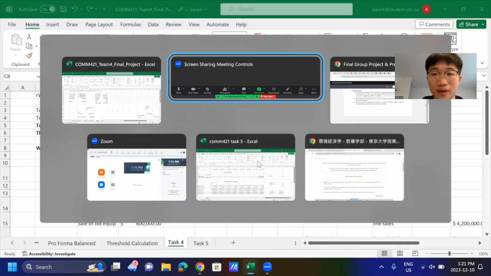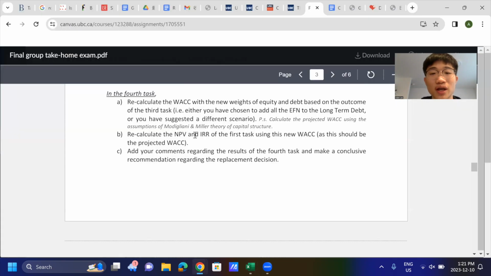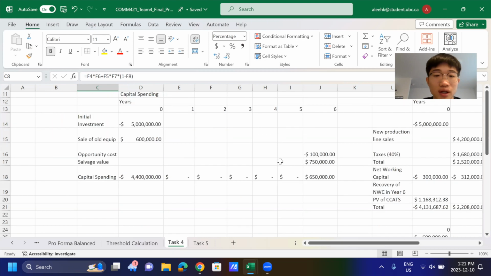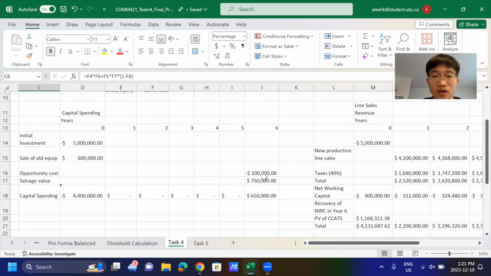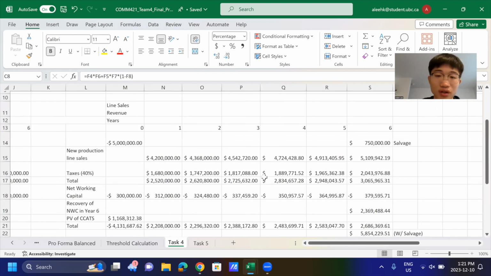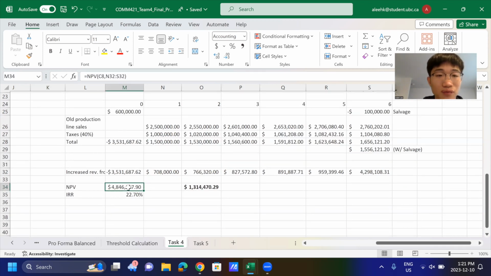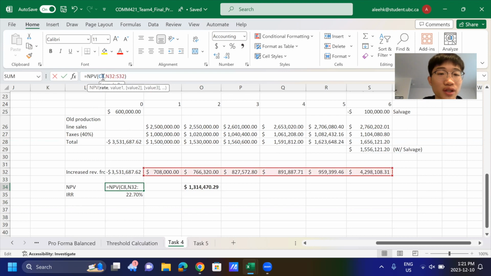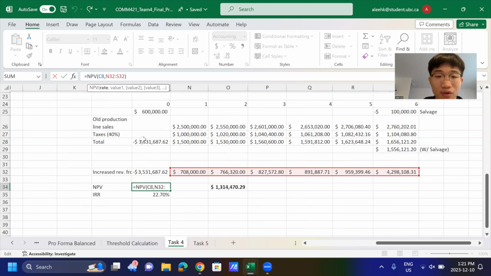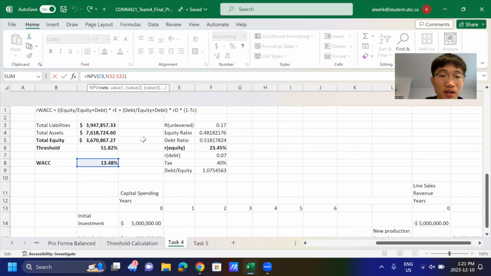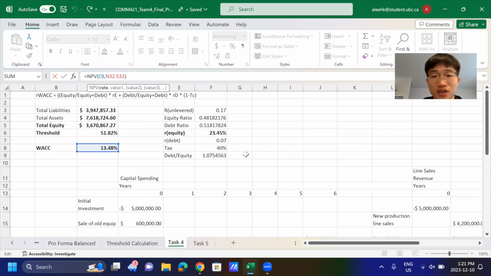So that's part A. And for part B, we have to recalculate the NPV and IRR of the first task. Since they are very similar, a lot of the stuff that we calculate here is basically the same as task 1, except we're using a different WACC, which is the new WACC. C8 is what we calculated here as the new WACC.